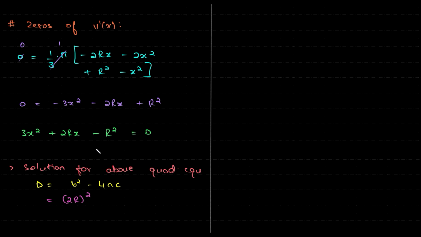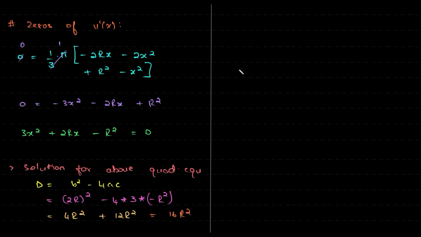We are considering x as the variable, and those are the coefficients and the constants. A is 3 and c is minus r square. So this would be 4r square, this would be plus 12r square. So all in all, this is 16r square.